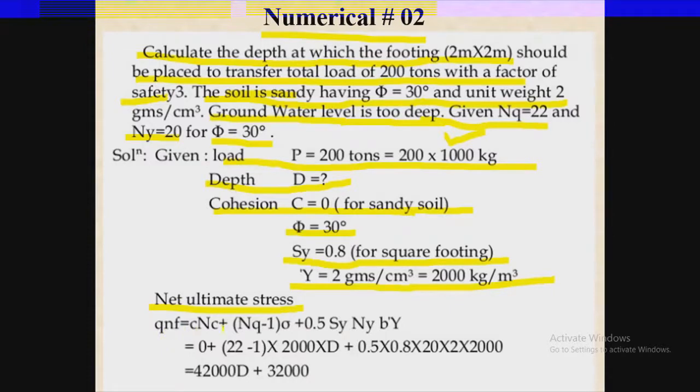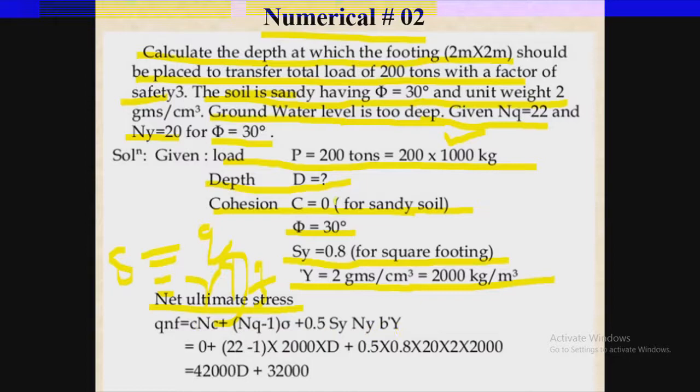It will be equal to cNc plus (Nq minus 1) into sigma, where this sigma is also known as q, the surcharge pressure, which is equal to gamma into the depth of the foundation, D. So (Nq minus 1) into sigma plus 0.5 S gamma N gamma B gamma.